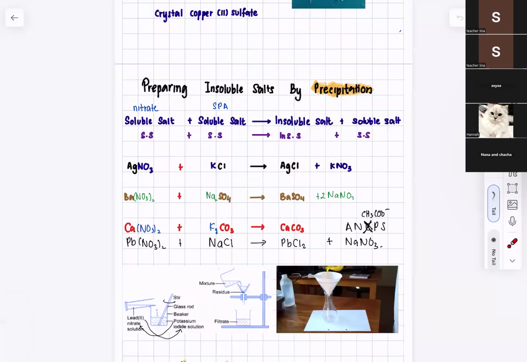Okay. We're starting with Hannah. Lead carbonate, soluble or insoluble?